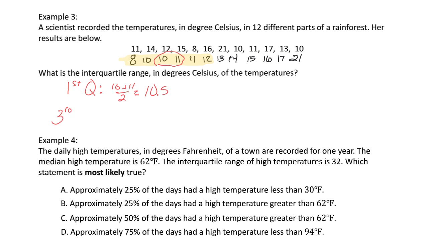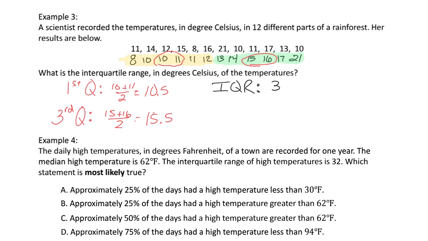Now we need to find your third quartile, or our third Q. And that's when we find the median of the upper half. Okay, the upper half. The middle numbers are between 15 and 16. So 15 plus 16 divided by 2 is 15.5. So now what we need to do is our IQR, to find our interquartile range.